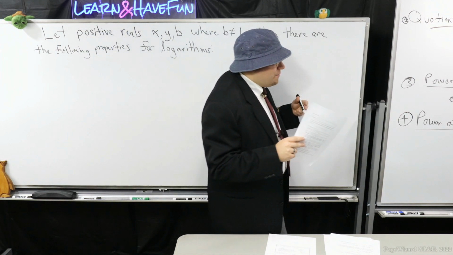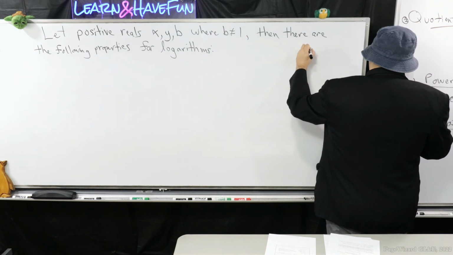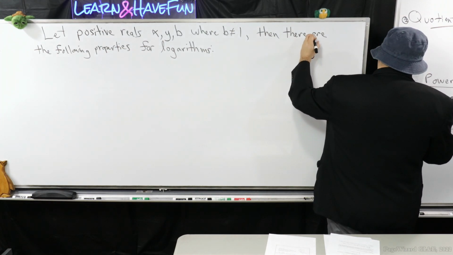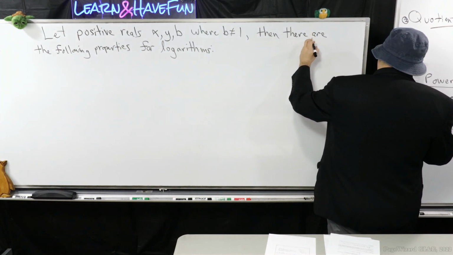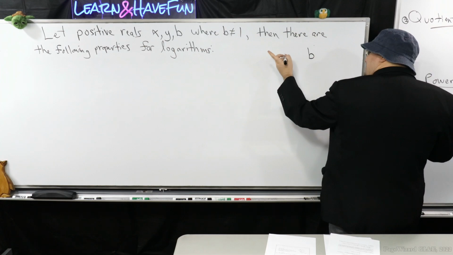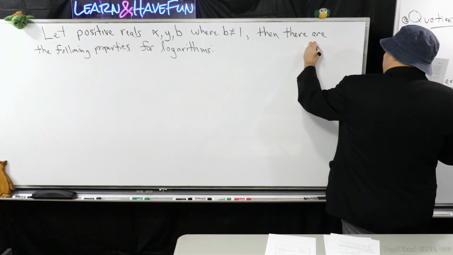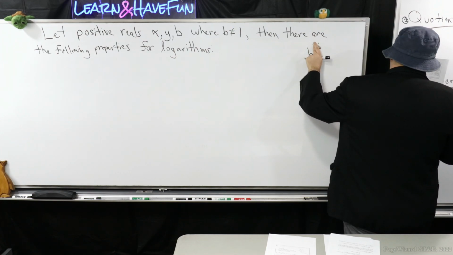So I'm going to ask the inverted question. Suppose I give you b to the d is equal to x. I don't want to use x over here because we're going to use x and y in specific ways.